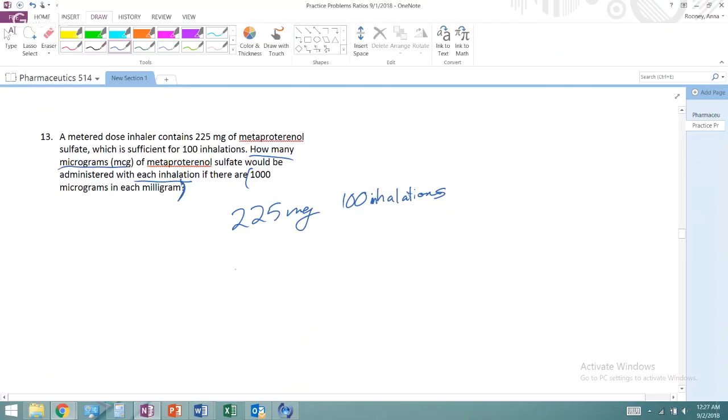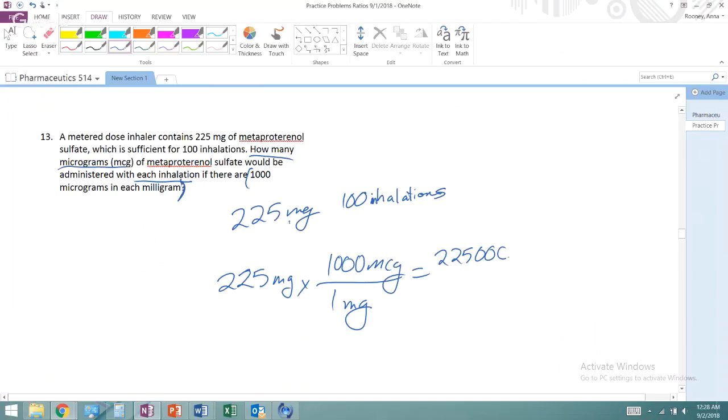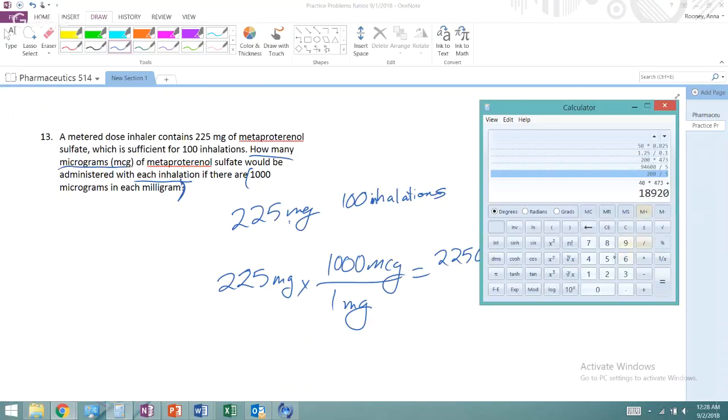Okay, so first off, I would take this and change it to micrograms. So I would convert it to micrograms first, even though that'll make this a huge number. I think that's right. I'm going to double check just because it's so late.